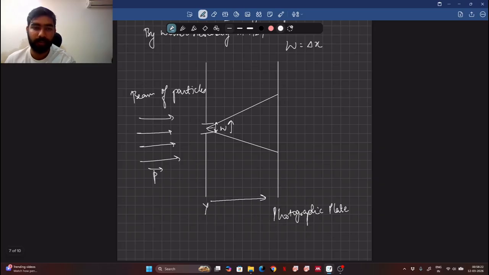So this is the center. Assuming that it makes an angle alpha, so alpha on both sides. We have the probability distribution as we have seen earlier, like this.